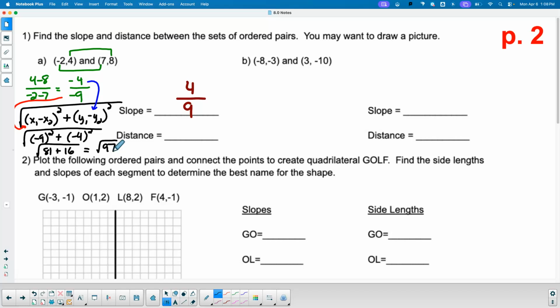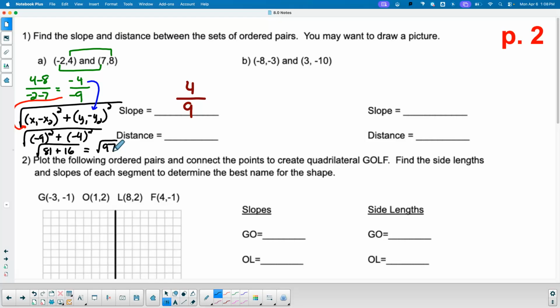Does 2 go in there? No. Does 3 go in there? You guys know a quick way to know if a number is divisible by 3? Anybody know the trick? You add up all the digits, and if that sum is divisible by 3, then that number is divisible by 3.